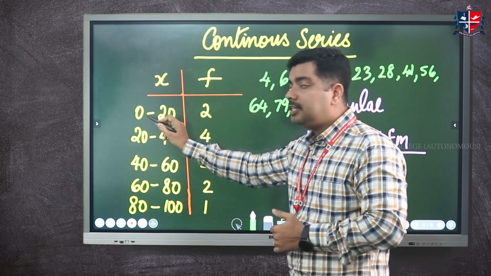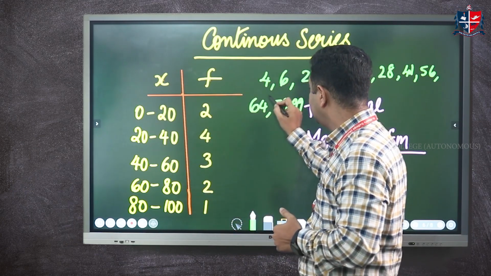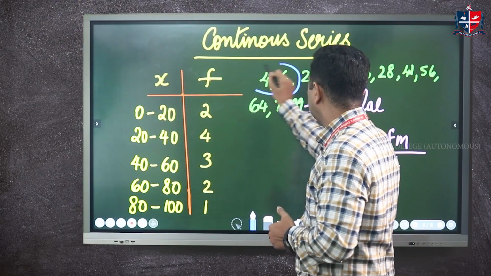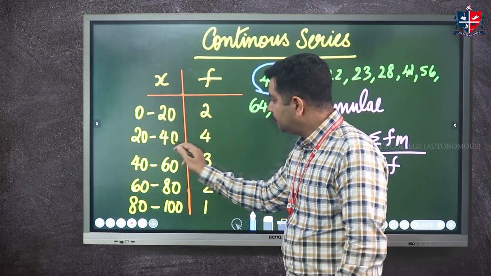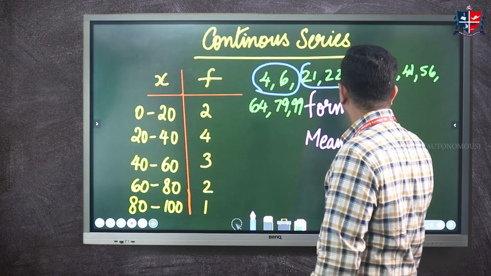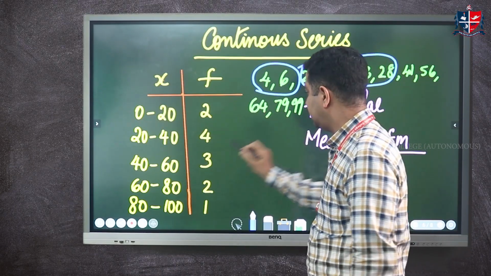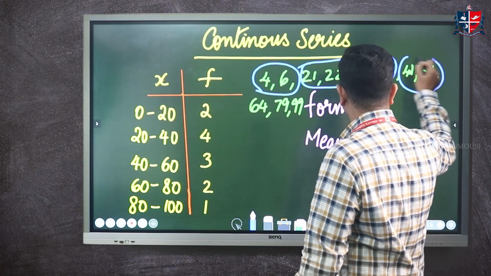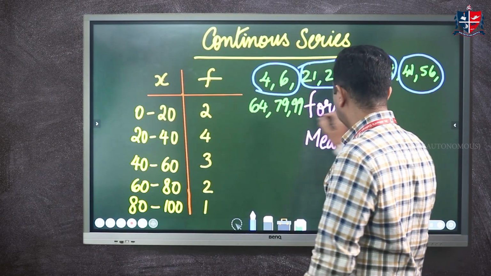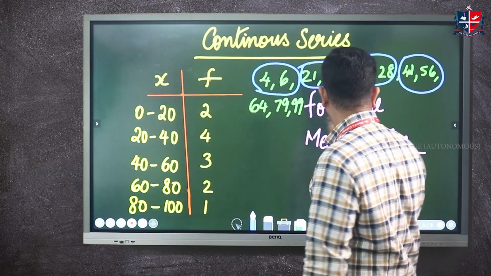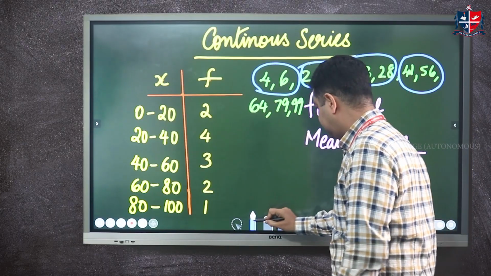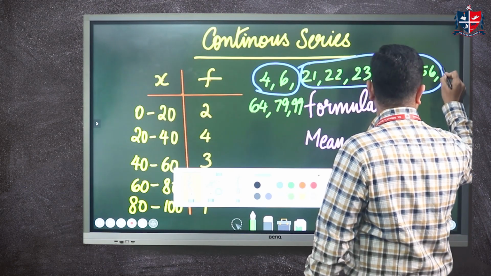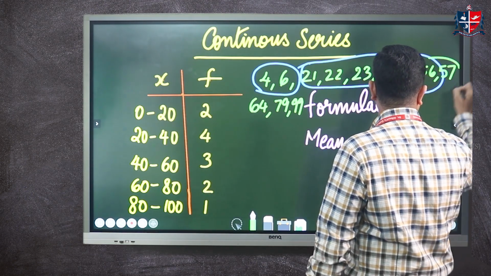So see, between 0 to 20, which numbers are there? Only two numbers: 4 and 6. Between 20 to 40, how many numbers are there? 1, 2, 3, 4. See that? 40 to 60, I have 41, 42, and I am supposed to have 3, so put one more, 56.